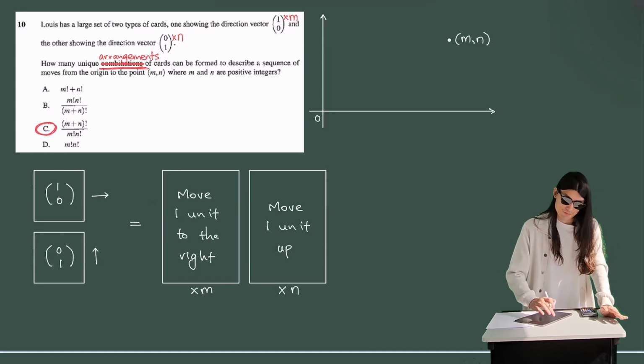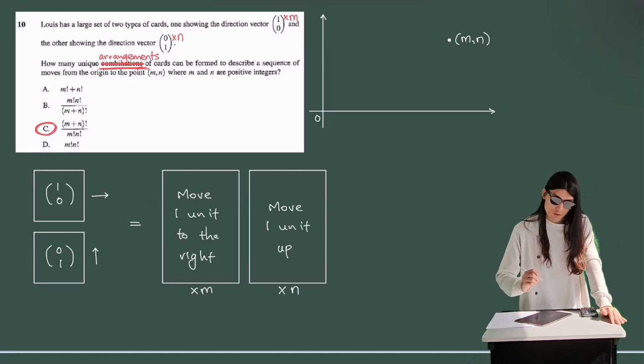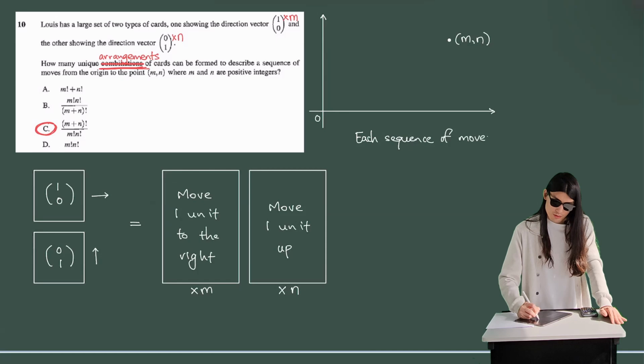Why? Because if you've seen this before, you would know that essentially each sequence of moves is equal to each way of arranging these cards.